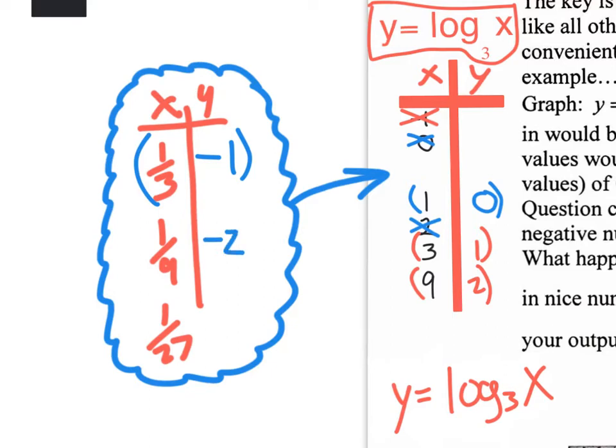And 3 to what power gives me 1/27? -3. So something's happening here. 1/3 is close to 0, but 1/9 is closer, and 1/27 is even closer. As I get closer to 0, my outputs get more negative, as you could see.